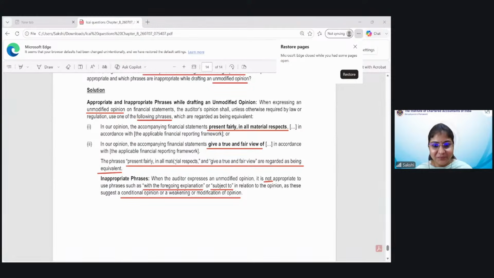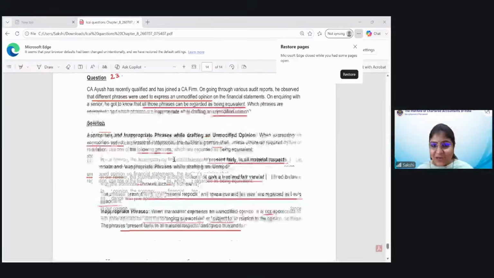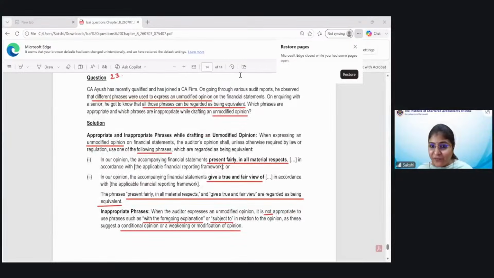Okay. All right. So again, look at this question and work out the answer yourself. There are two parts to the question. One, what are the phrases that can be used interchangeably? Present fairly in all material respects and give a true and fair view. What not to use? "With the foregoing explanation" and "subject to."